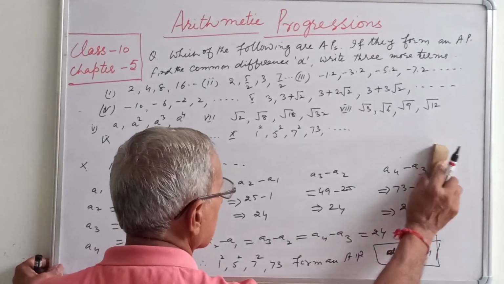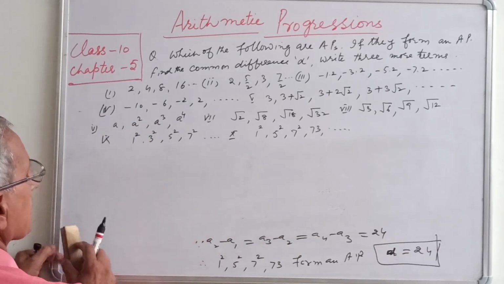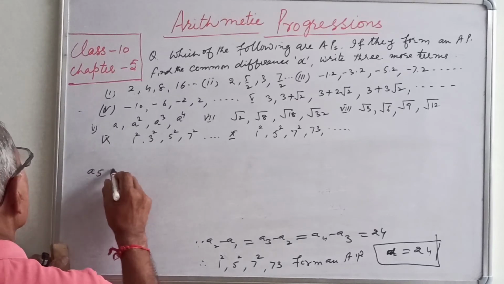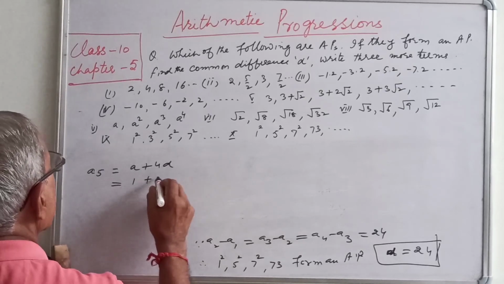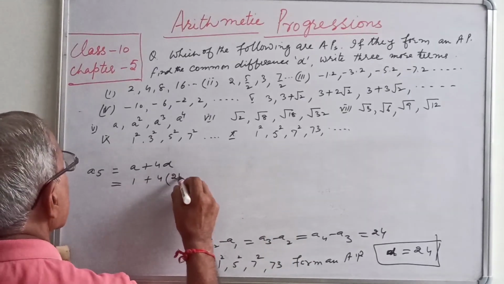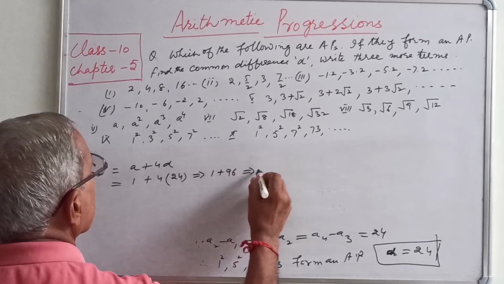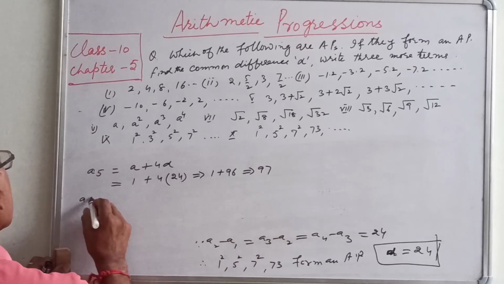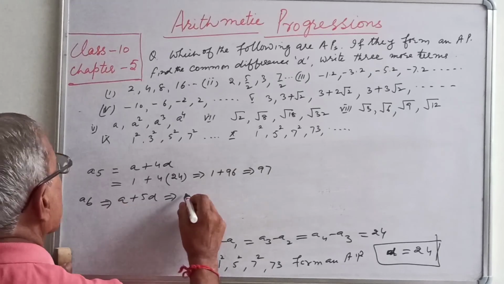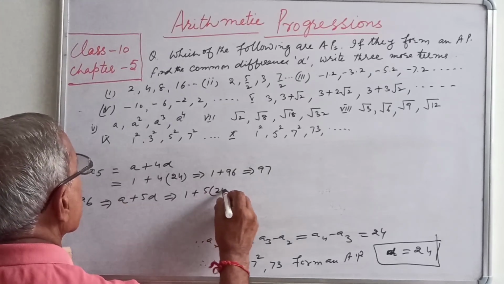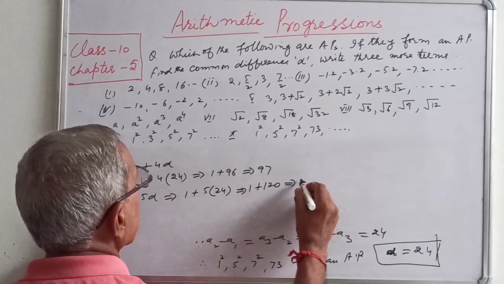अब हमें निकालने हैं 3 मोर टर्म और 3 more terms, that is A5, A plus 4D, तो A था 1, D था 24, तो ये बन गया 1 plus 96, 97. A6, A plus 5D, A is 1 plus 5 into 24, 1 plus 120, यह बन गया 121.